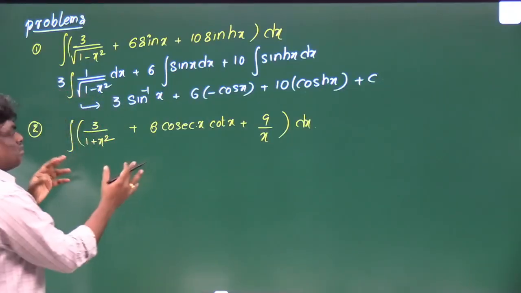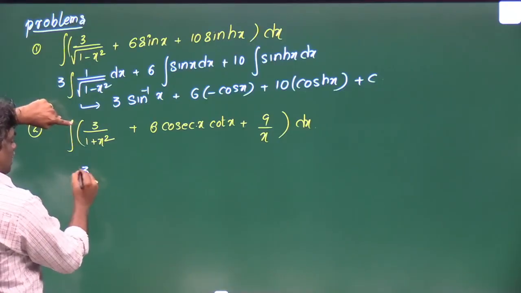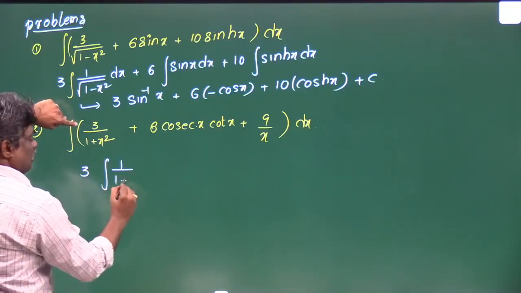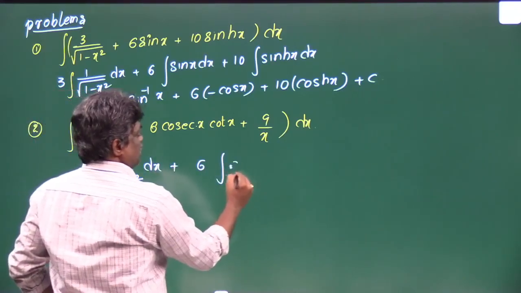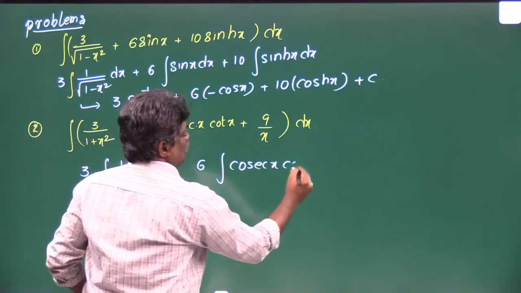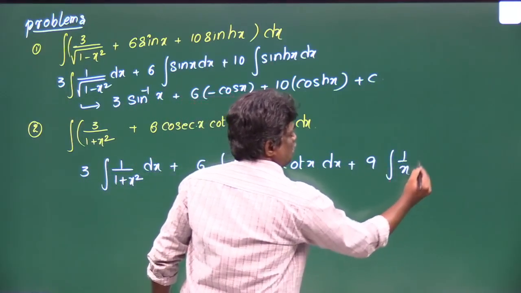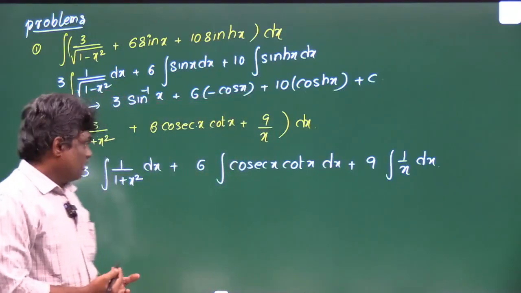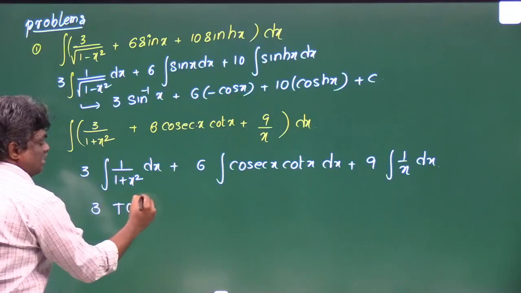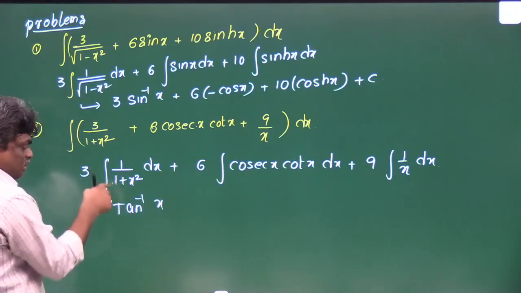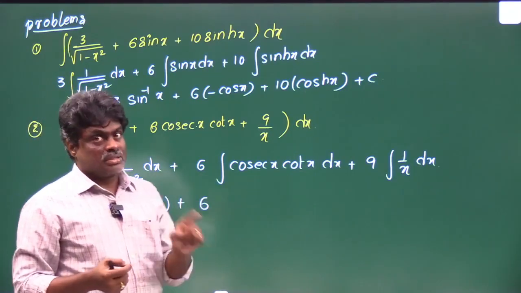Please do it yourself, just pause the video and do it yourself, and after that check the answers. Now here again I am taking a 3 outside, just to split it, 1 by 1 plus x square dx, plus a 6 outside integral cosecant x cot x dx, and plus 9 outside integral 1 by x dx. So here this is 3 tan inverse x by a, of course here a is 1, that's why x only, plus 6, this is cosecant x cot x.